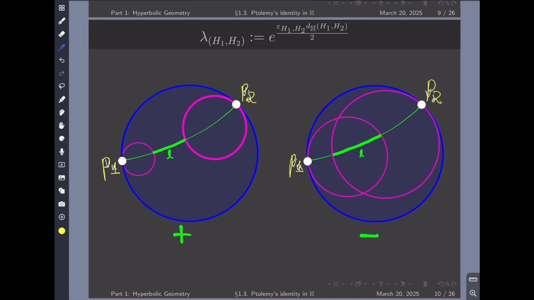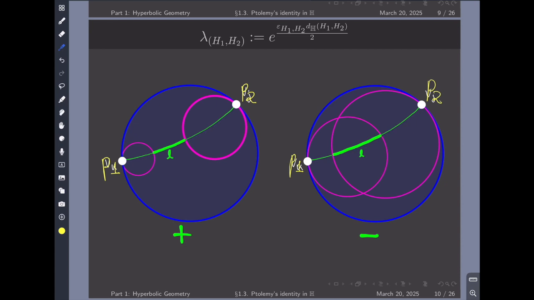Okay, now each horocycle is based at a point, which is a point at infinity, in either situation. And as such, these two points at infinity determine a unique geodesic connecting them. That's the first easy observation I made. In either situation, it doesn't matter whether the two horocycles intersect or not, the two base points determine a geodesic, a shortest curve joining them.